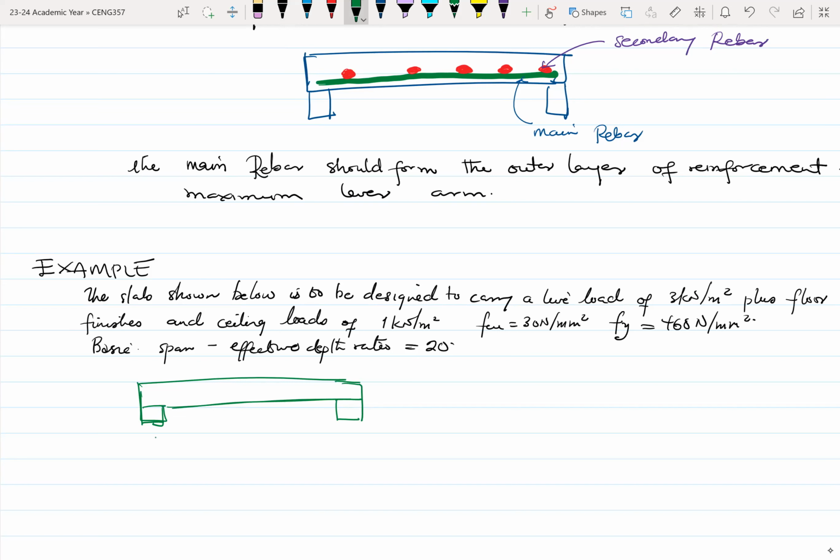This is your slab, with a span of 4.5 meters. So what do we do? We start by looking at the width of the beam or the wall. That's 230 millimeters.